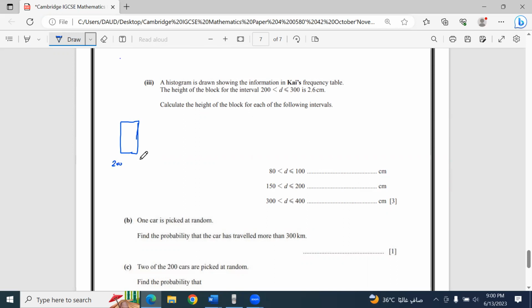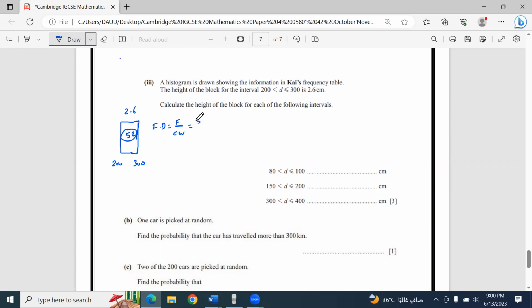Starting point is 200 and it goes to 300. Height is given, which is 2.6, and the frequency is 52. I just checked. We can apply the frequency density concept. Frequency density is equal to frequency over class width.